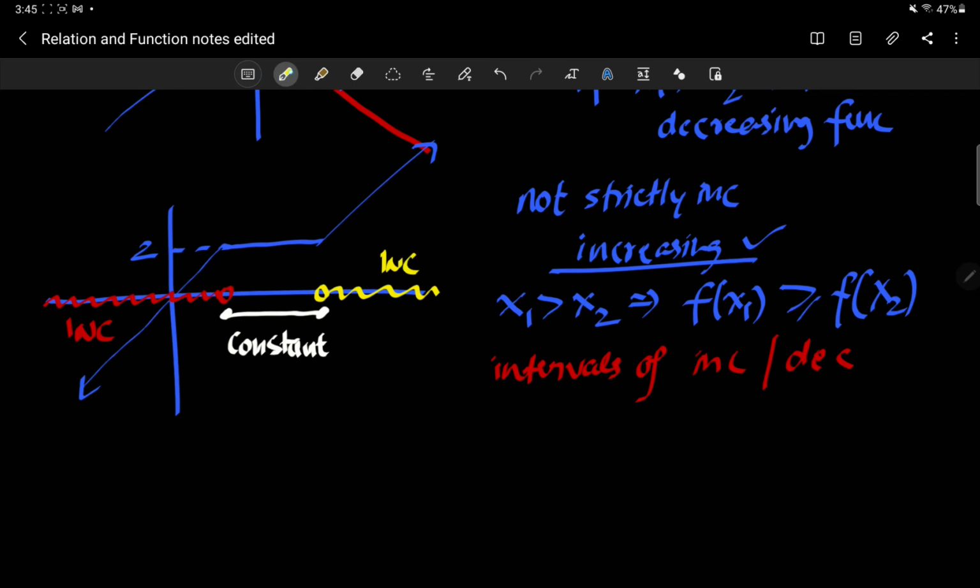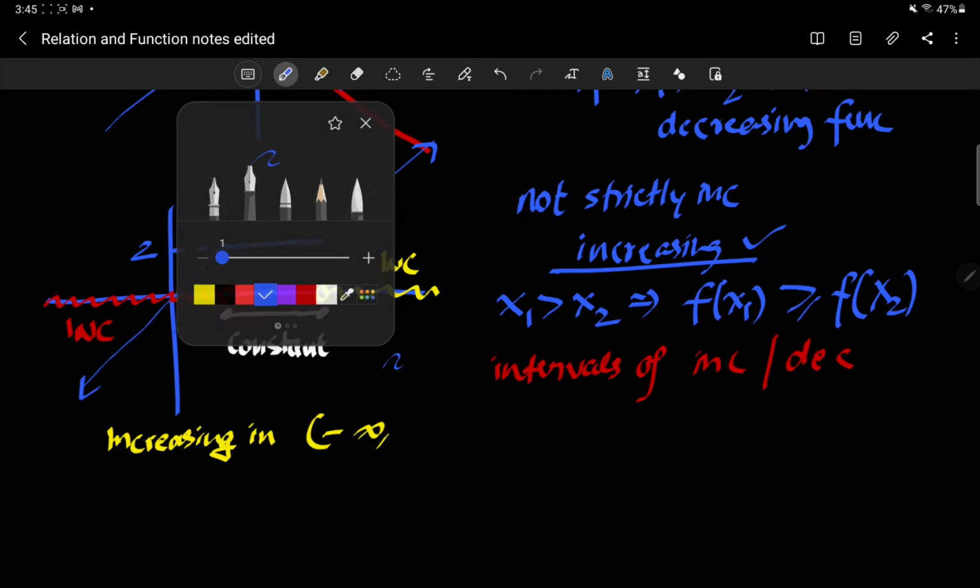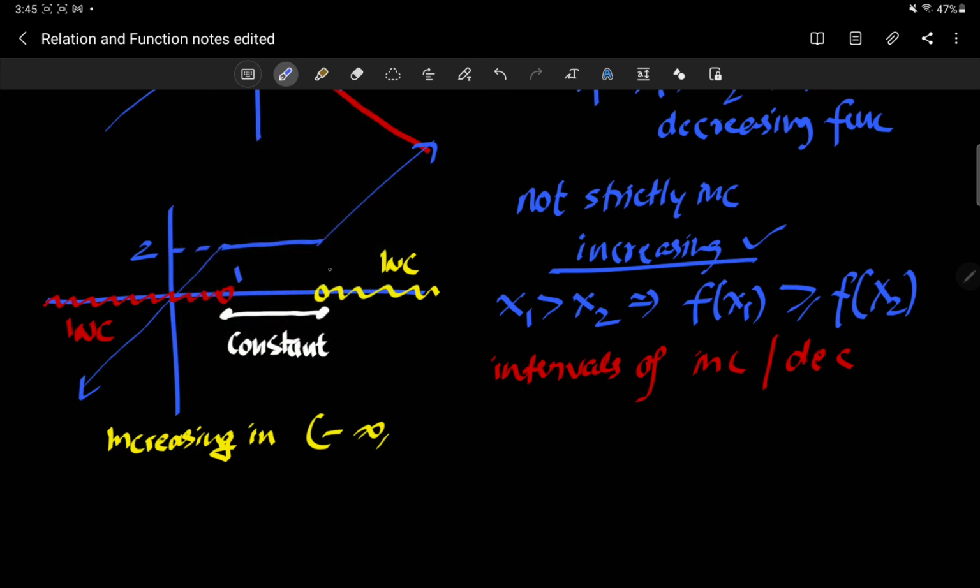So in interval notation, this information can be captured by saying it is increasing in negative infinity to, well, I have to assign some value to this point. Let's say this is 1 and this is 5. So it's increasing in negative infinity to 1 union 5 to infinity, and constant in the interval 1 to 5.